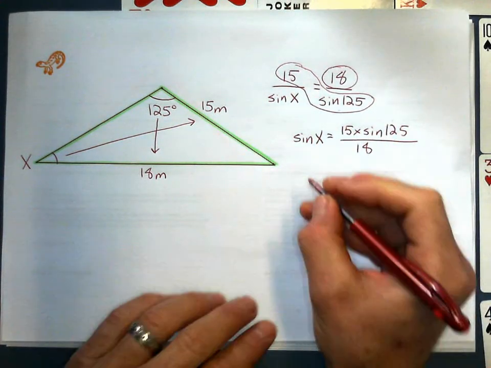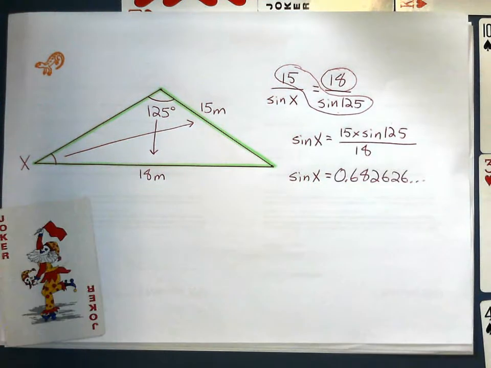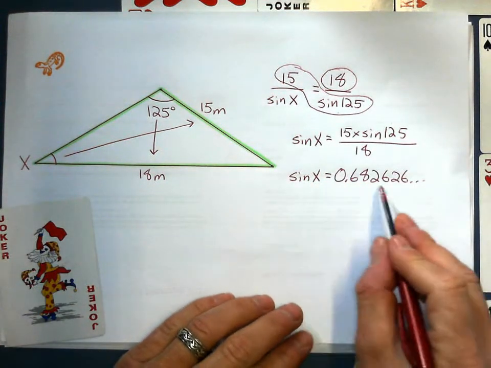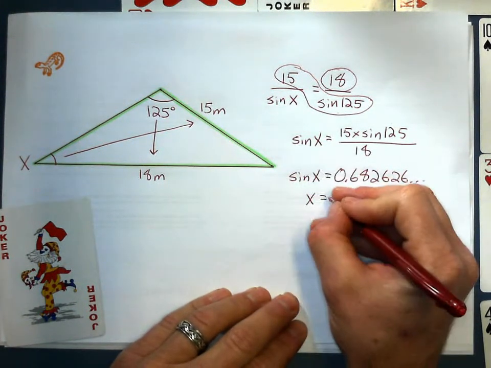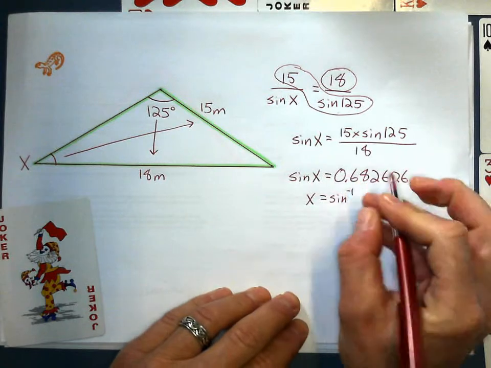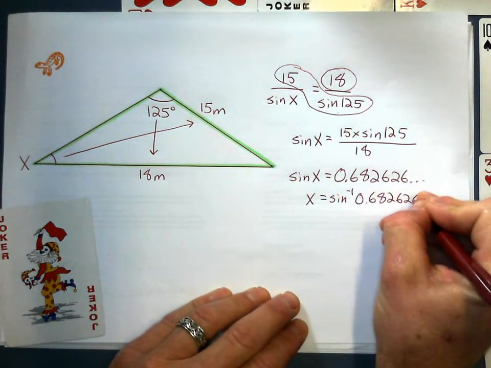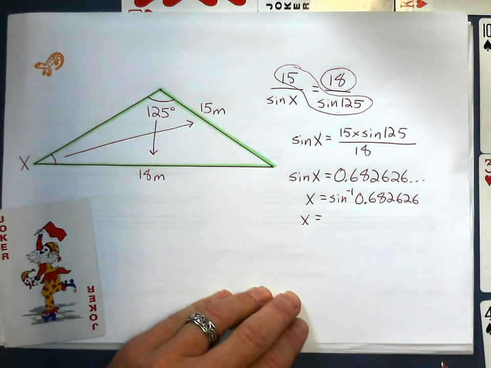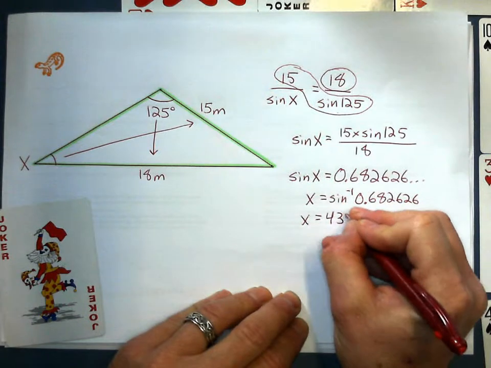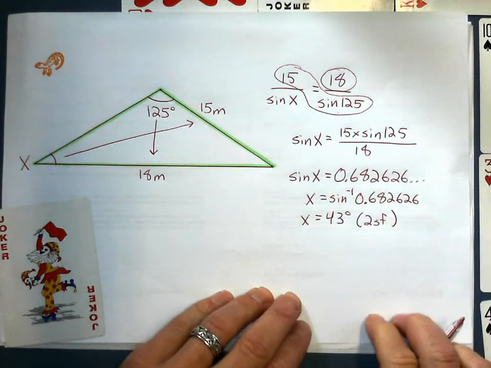Okay, and I get a value for this on the calculator. I'll work that out. Okay, I get this decimal. I don't do any rounding. And to find the angle x, I'm going to use inverse sine of this value here, 0.682626, and you just leave that value on your calculator, and you'll get 43 degrees rounded to no decimal places, to 2 significant figures.